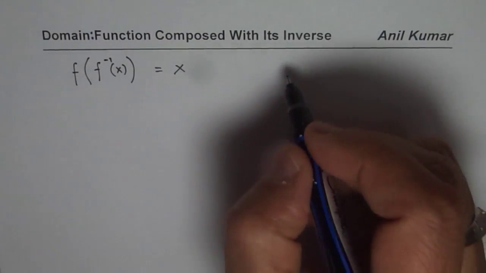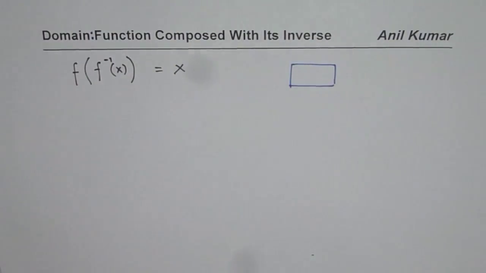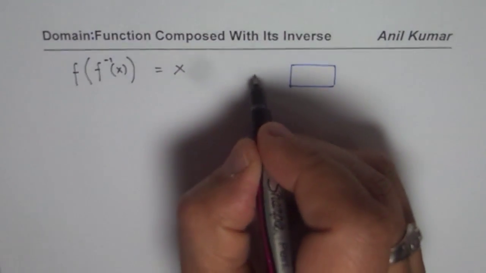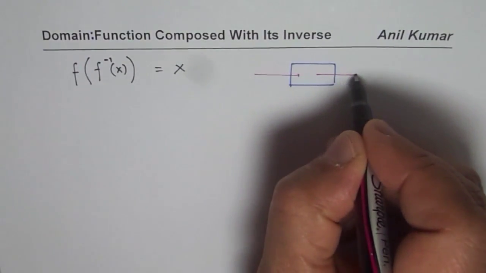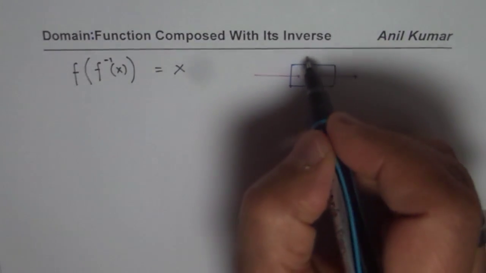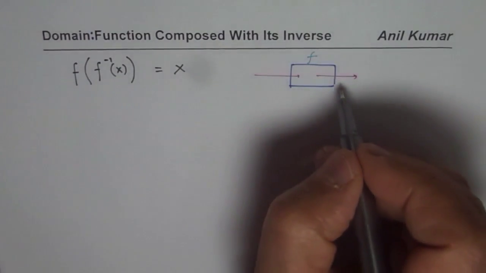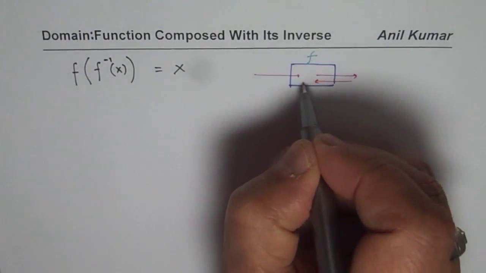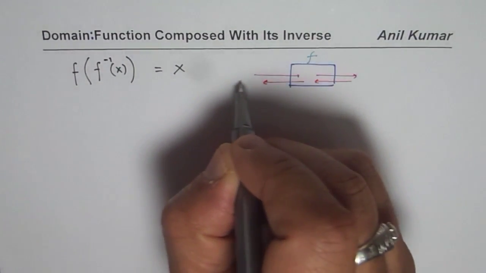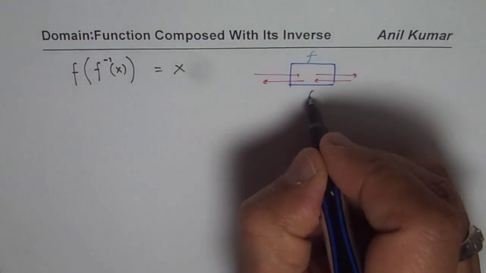So basically, if you have an operation here, then any input which goes into this and then comes out by performing an operation which is f. Now if you throw that output back, then you should get what had gone in, and that you get if you do the inverse of the operation.